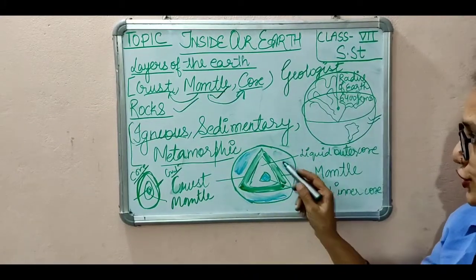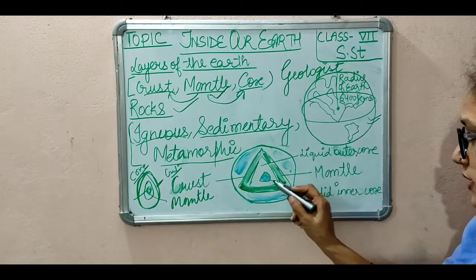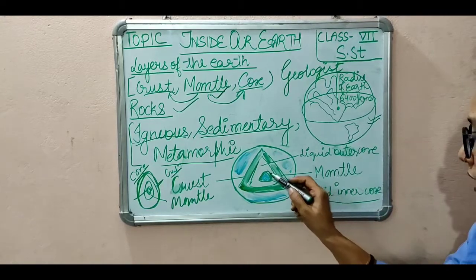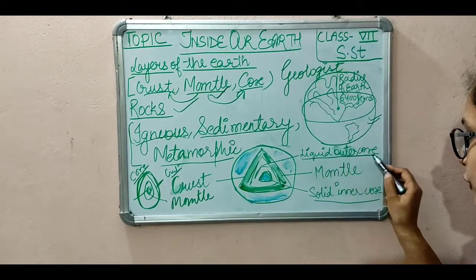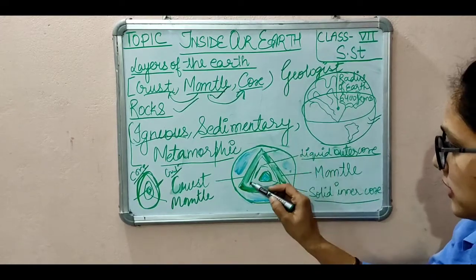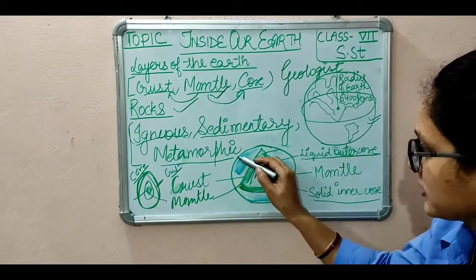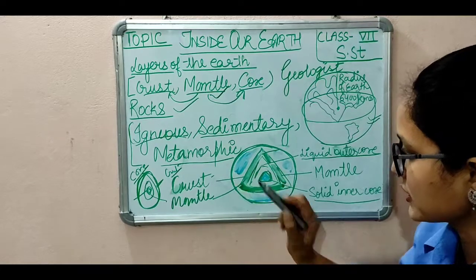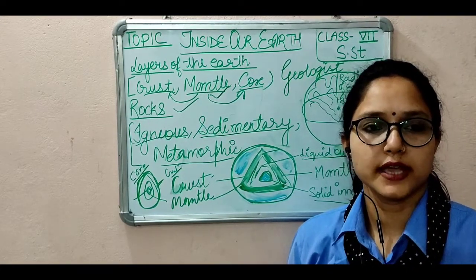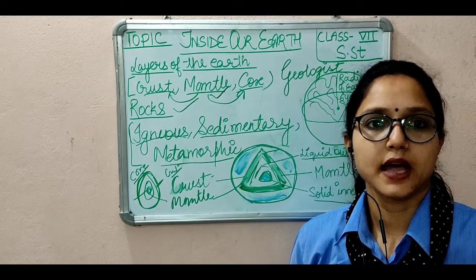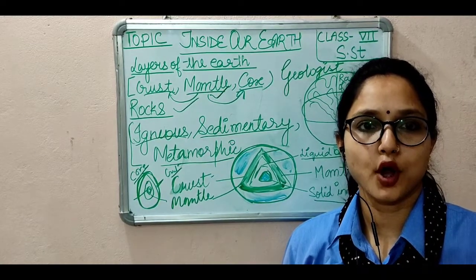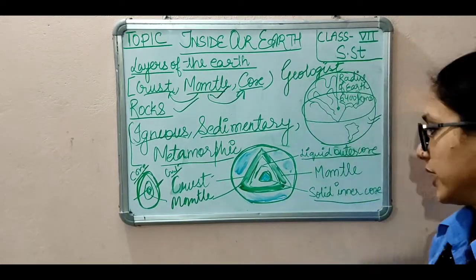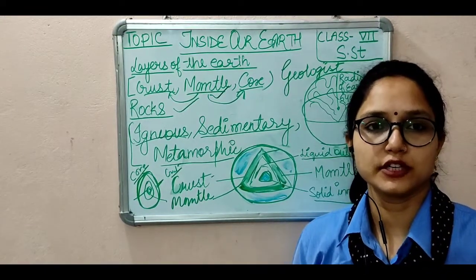As I have already drawn in the diagram, the innermost part is the solid inner core, this part is the liquid outer core, this part is the mantle, and this thin layer from the beginning is the crust. The outer core is approximately 2300 kilometers thick, and the inner core is approximately 1200 kilometers thick.